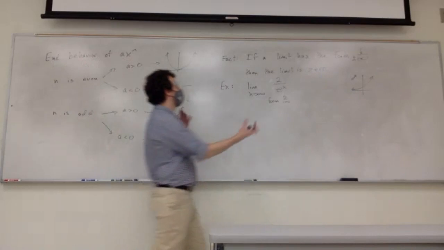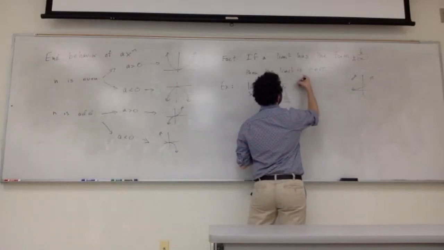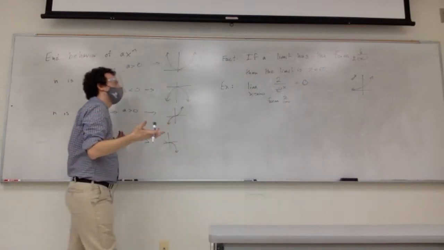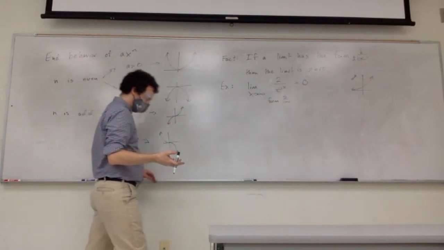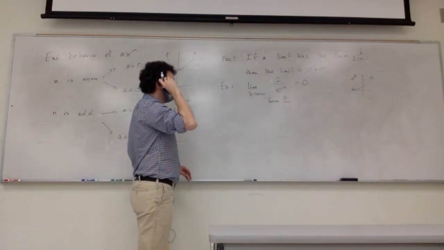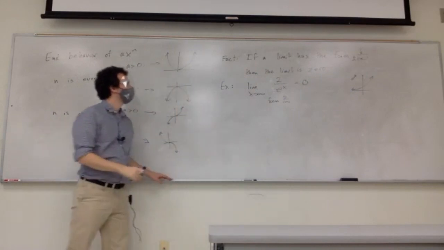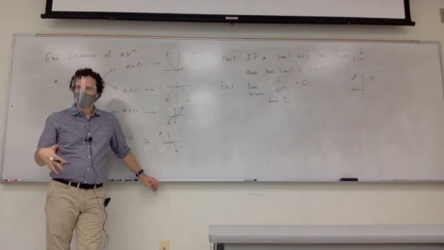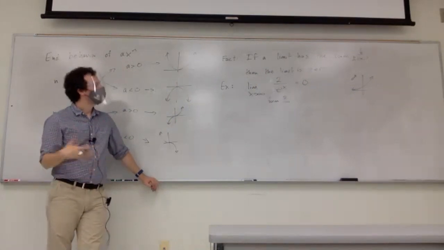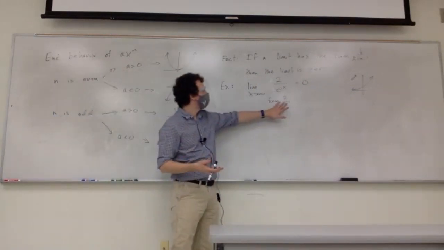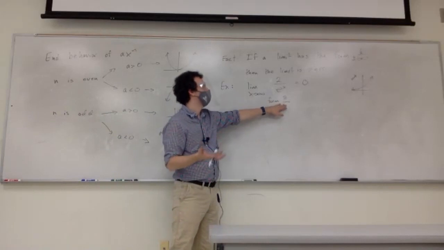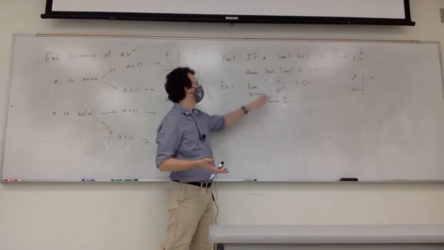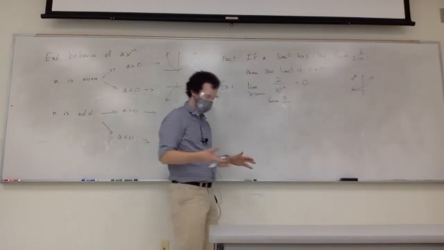And that means that this limit is 0. The top is 2, the bottom keeps going to infinity, and so the fraction overall is going to 0. So there's not a lot of work involved here. The work is probably just writing down this is the form of the limit and then interpreting it to get 0, but it does require you knowing that e to the x goes to infinity.